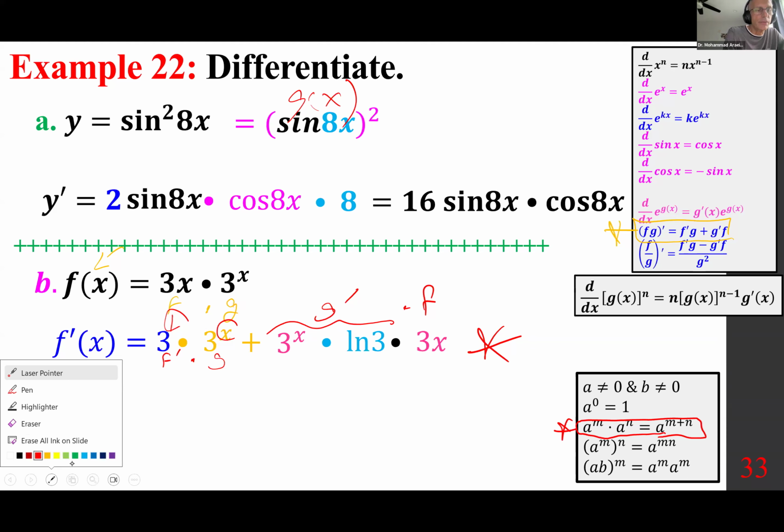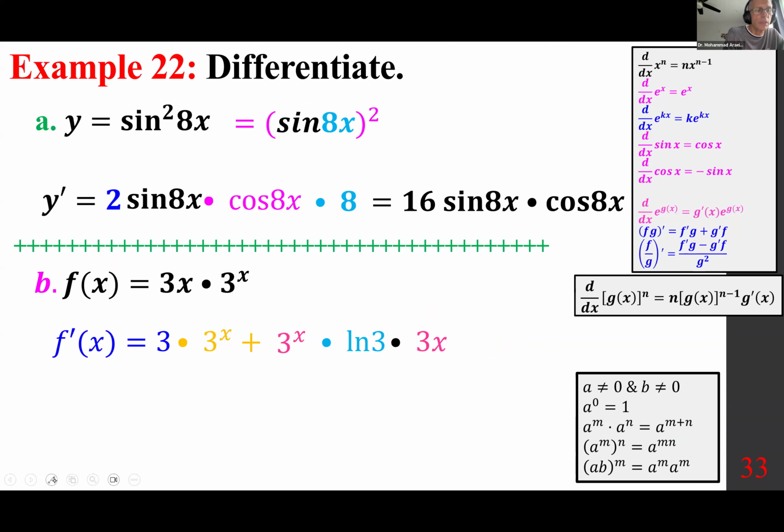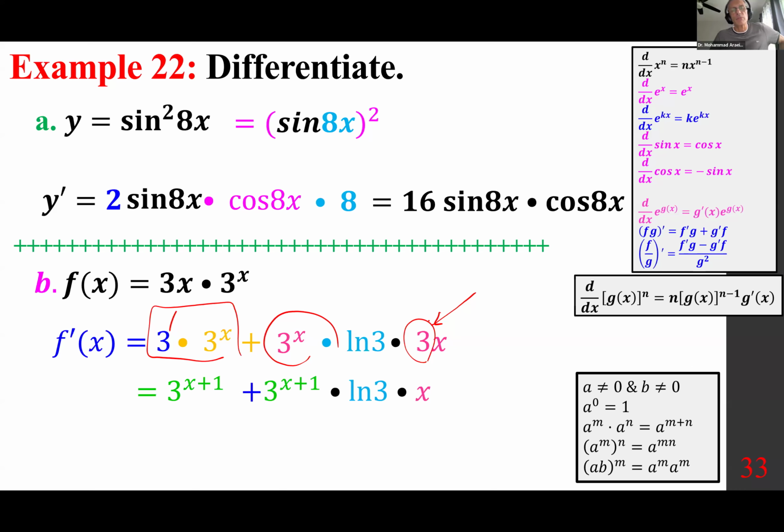Let me just erase everything and it becomes clear. This one has exponent 1, so this becomes 3 to the power of x plus 1. This one and this one, because this has exponent 1 also, they become the same thing, 3 to the power of x plus 1, and the rest of them remain.